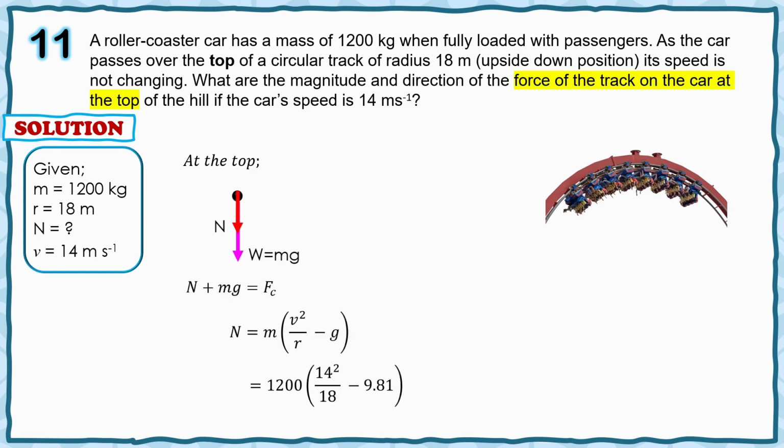Referring to the free body diagram, we can write N plus mg, because both are in the same direction, is equal to Fc, same direction as the AC. Then you rearrange the equation and substitute the value, and you will get that the normal force is equal to 1.295 kilonewton. And don't forget to mention the direction, because you need to state it. The direction is downward.